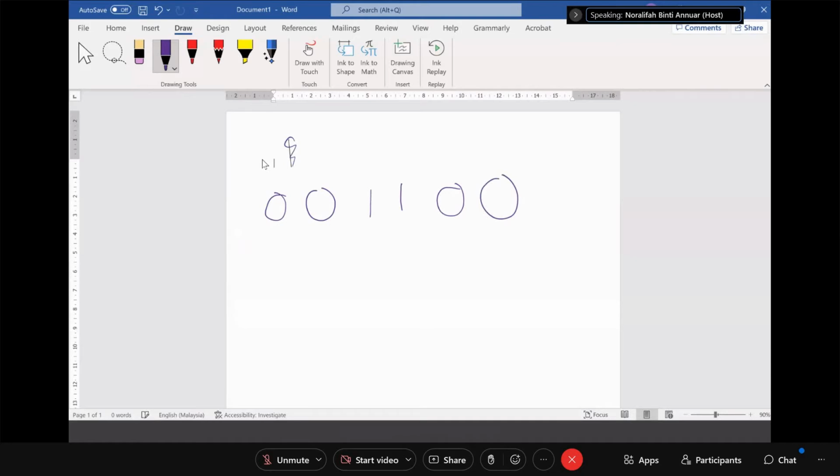There's a few ways to do this actually, guys, but it's up to you lah which method you want to use. This binary decimal. So what is the value in decimal? 00110. Apa value dia dalam decimal? Siapa tahu? What is the value in decimal? Any guess?